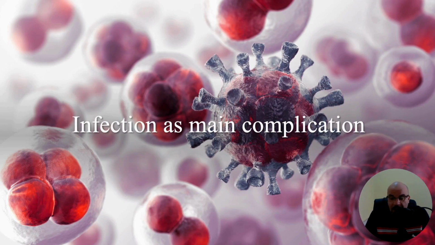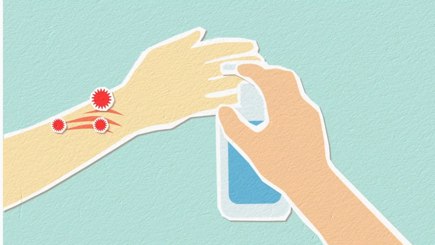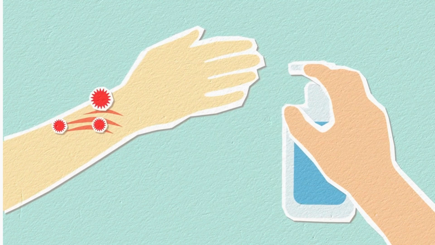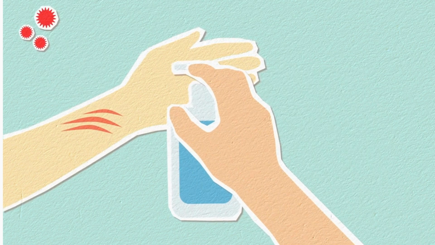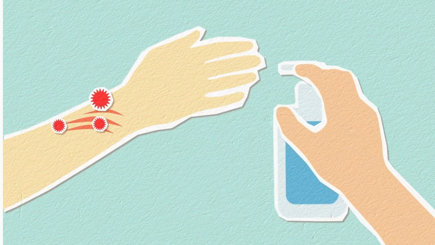However, our concern here is infection control. Infection is the main complication. As a main complication for the VAD, it's challenging and important for us to look for it and understand that VAD is part of high-risk ports for infection, because we go directly to the vascular system, right?